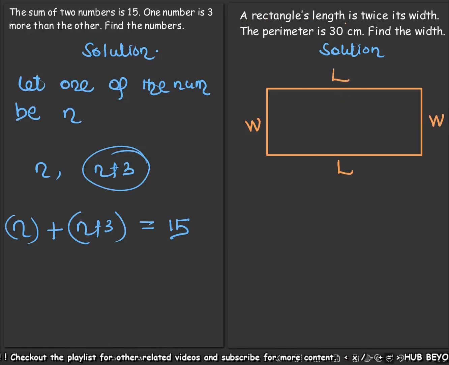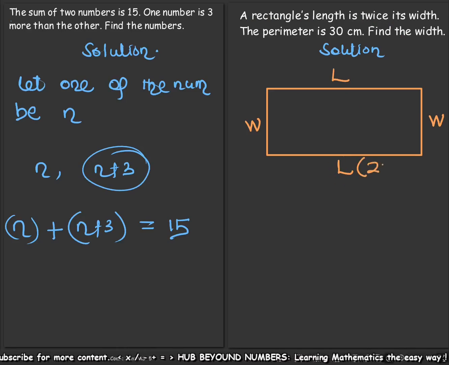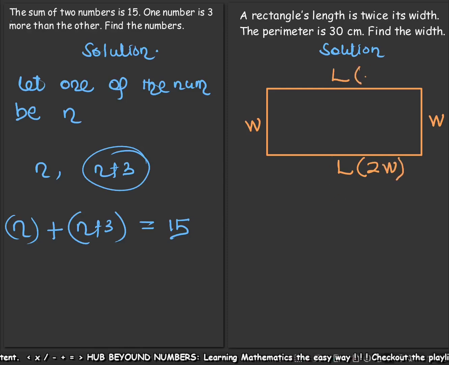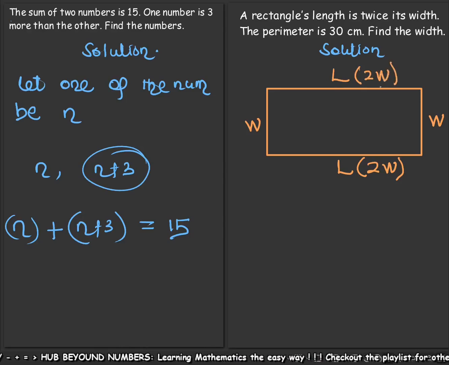We say the rectangle's length is twice its width. The length of the rectangle is twice its width. So this simply means that this length over here is actually 2 times the width. Now the perimeter is 30 centimeters.